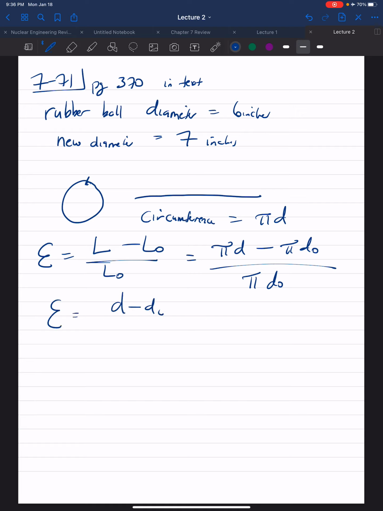We have d minus d sub o over d sub o. Sub o means initial. So 7 inches minus 6 inches over 6 inches. 0.167 inch per inch. That's the average normal strain in the rubber.